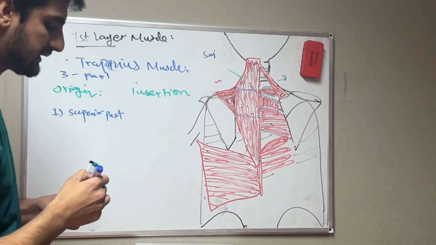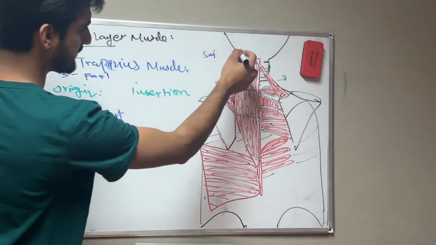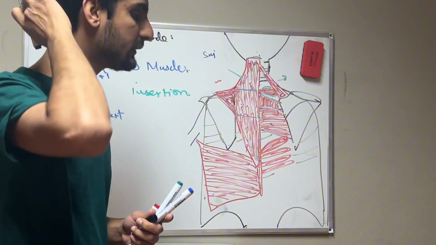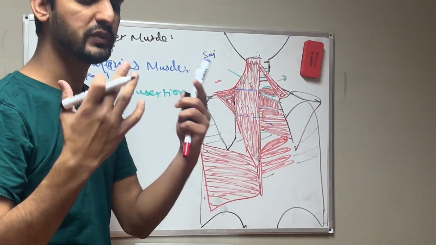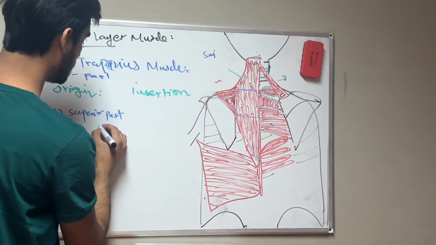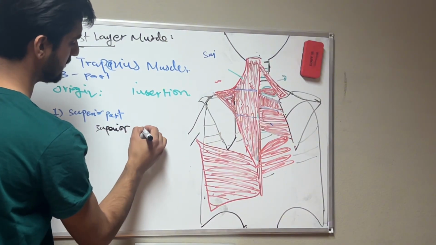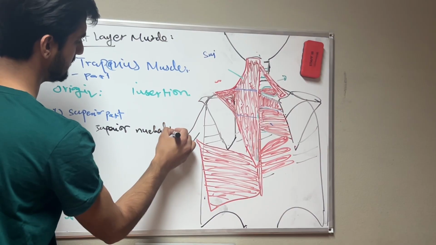Okay, superior part origination. Superior part origination is from here. See here what we discussed in the bone, in the occipital bone. Here what we have? We have the superior nuchal line.